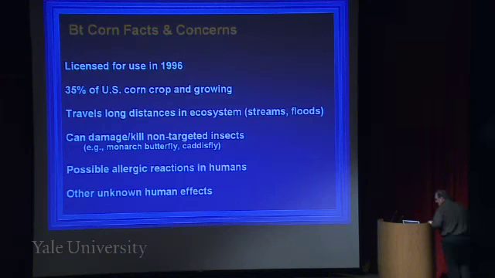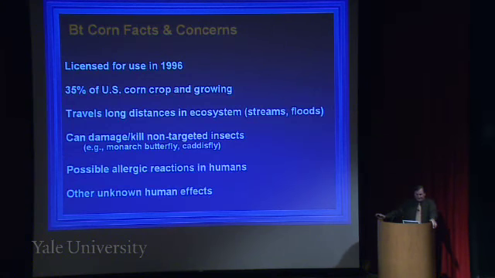Licensed for use in 1996, so it hasn't been around all that long. It's now 35% of the US corn crop and growing. The concerns about it are that it travels long distances in the ecosystem.